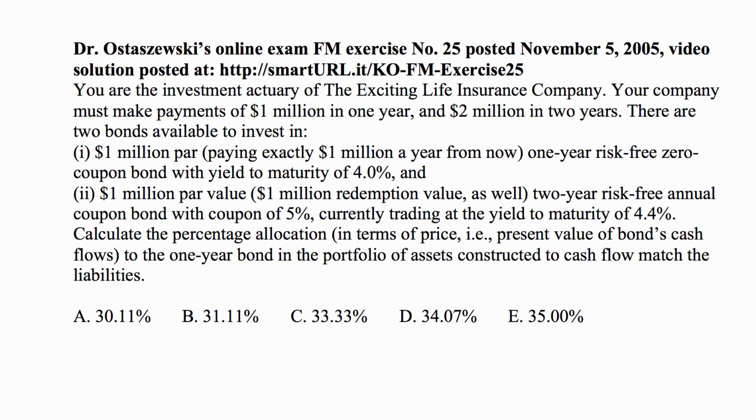Calculate the percentage allocation in terms of price, so present value of bond cash flows, to the 1-year bond in the portfolio of assets constructed to cash flow match the liabilities.